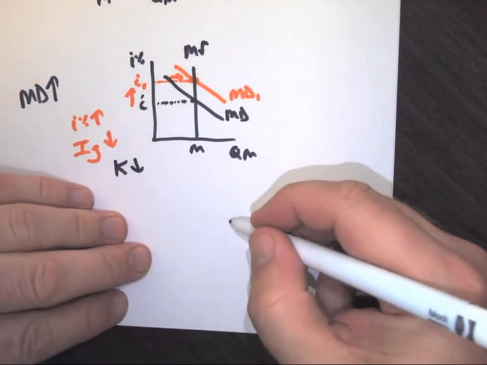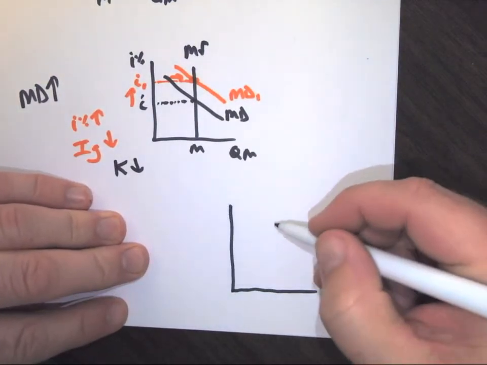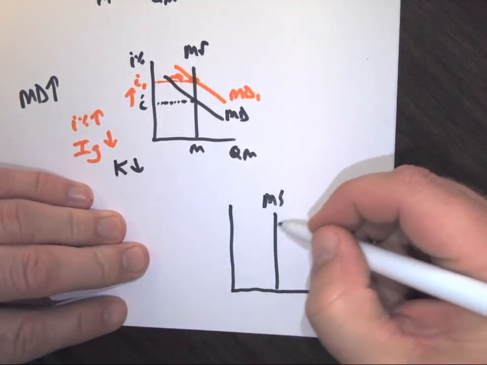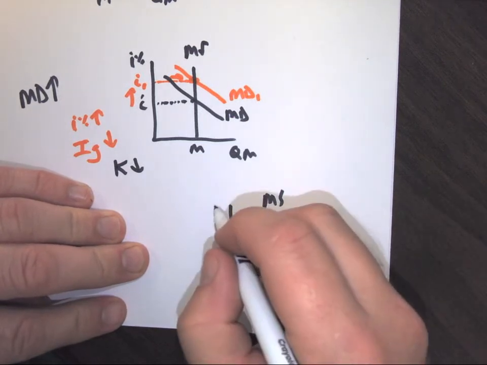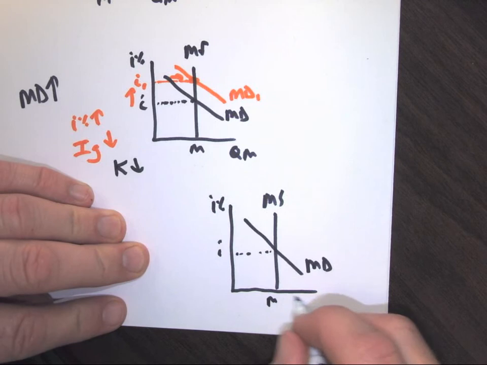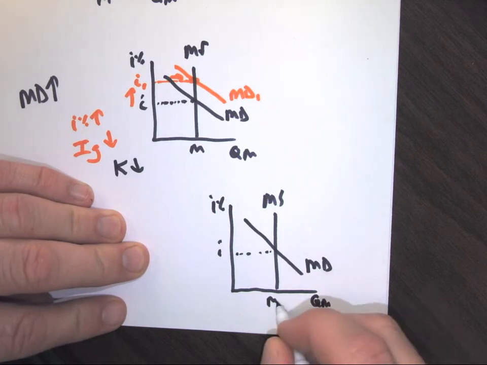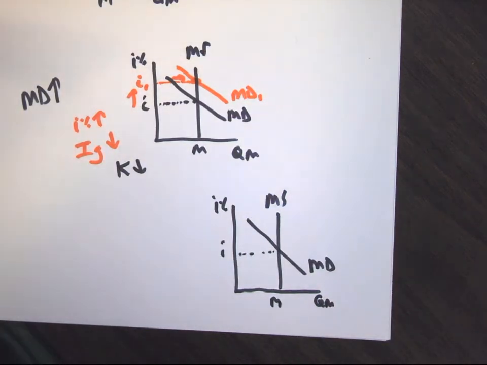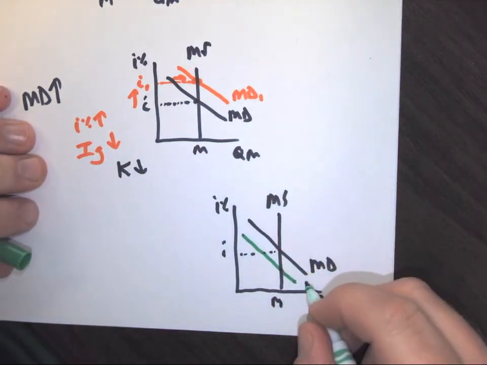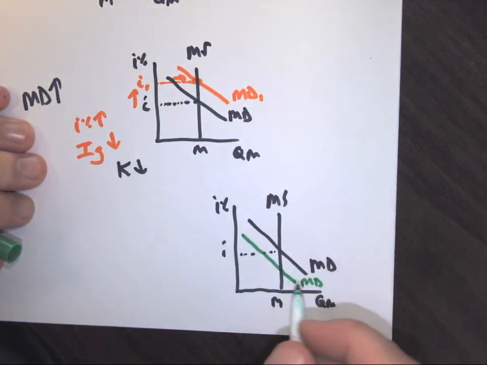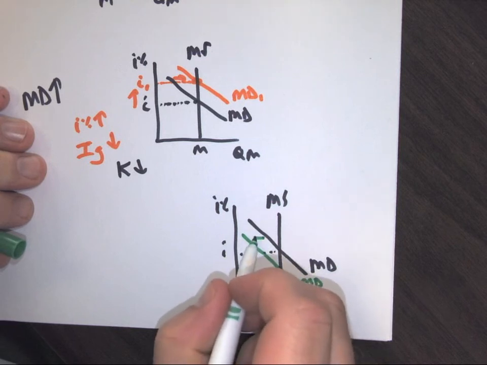Now, let's look at the opposite. Money supply, money demand. Now all of a sudden, money demand decreases. People don't need as much money. Who knows why? What happens? I'm drawing this in green because guess what?